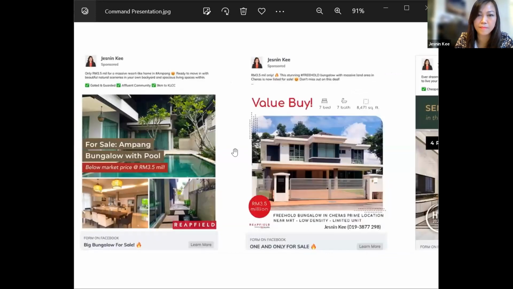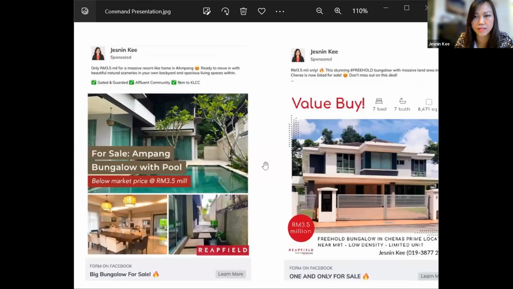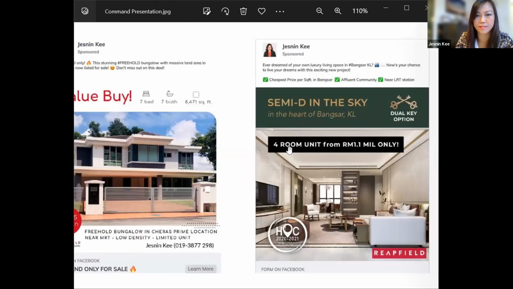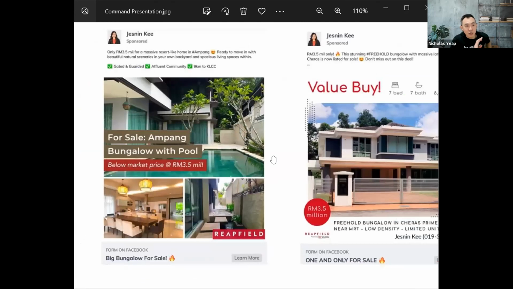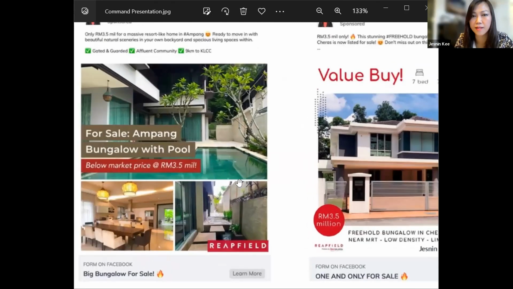This is one of them. And the second one is Cheras Bangalow. And the third one is the PHP project, Bangsa Hilbak project. Okay. So all these are basically the three sales that you actually accomplished through Command. Yes, correct.